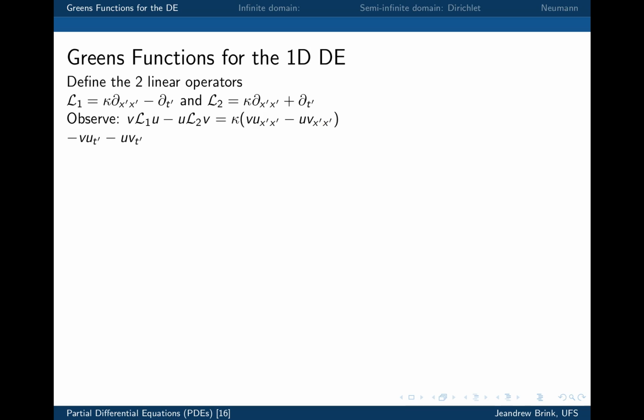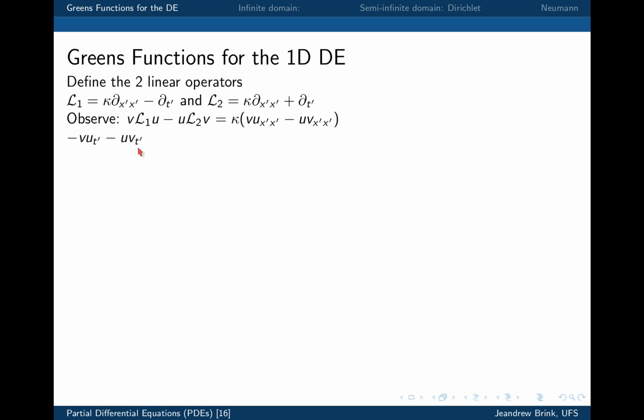Then we also have the minus V du/dt, and minus U times the plus V_t, so the minus over there multiplies the plus, so we also have minus U V_t.